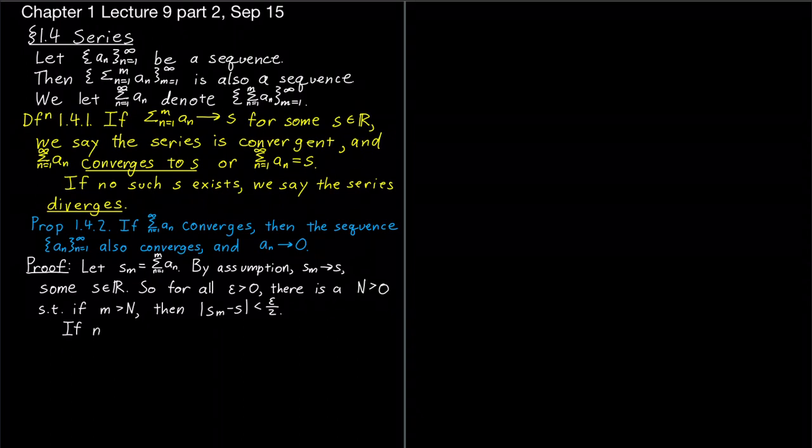If n is bigger than N, then let's write the absolute value of a_n minus 0. We're trying to show a_n converges to 0, so we want a_n minus 0 to be small. That's the absolute value of a_n.